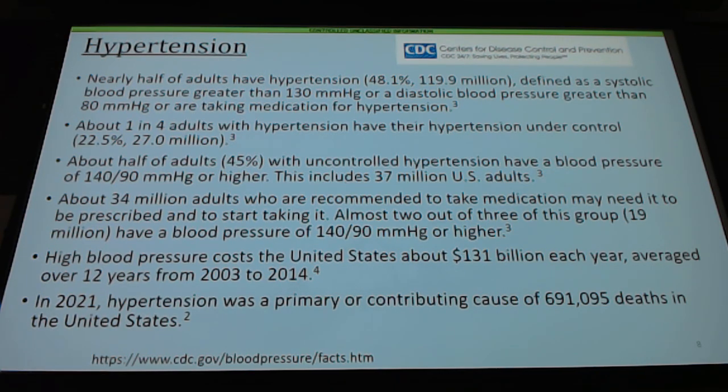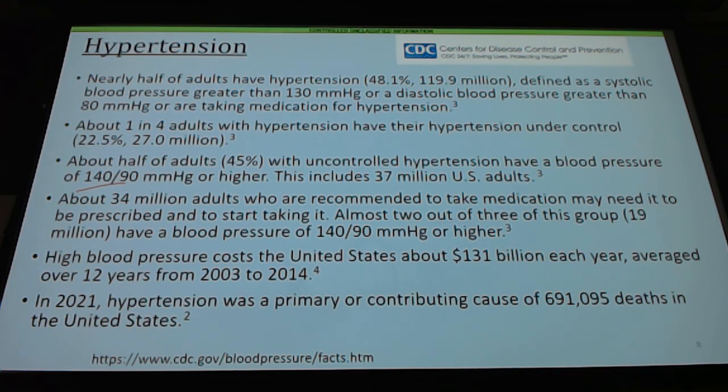So 3 out of 4 hypertensives do not meet goal for their blood pressure control. About half of these adults with uncontrolled hypertension have blood pressures that are still exceedingly high, greater than 140/90. So these are folks who either should be on medications or are taking medications, and yet their blood pressure still remains above that 140/90 threshold.